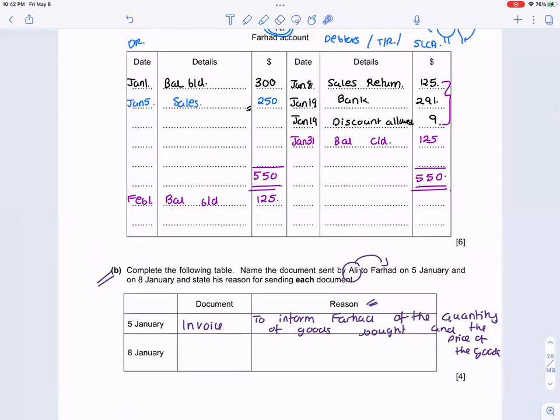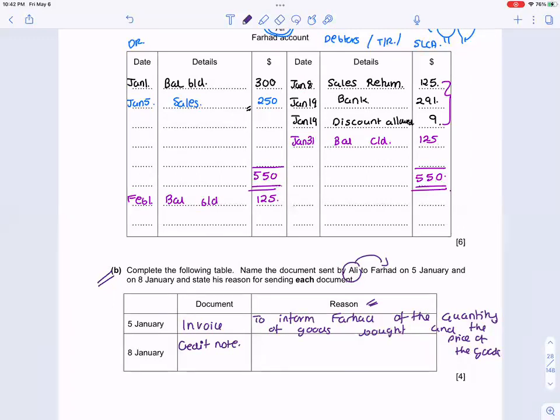8th of January. What has happened? Sales have been returned. Sales return. What document? Credit note issued. Invoice issued, sales.